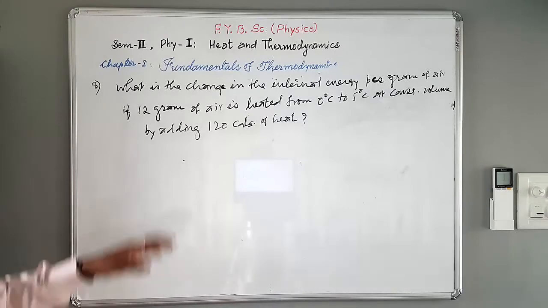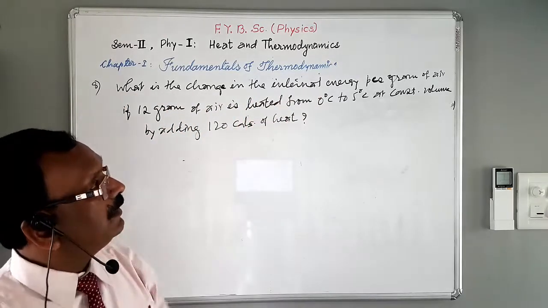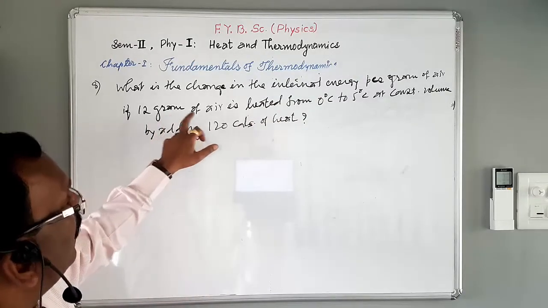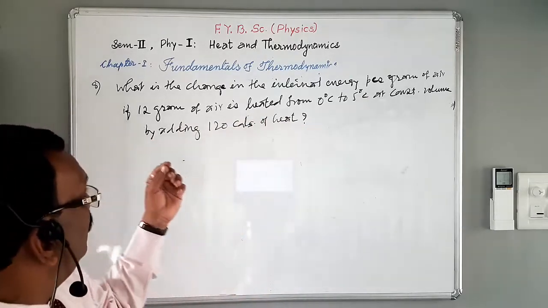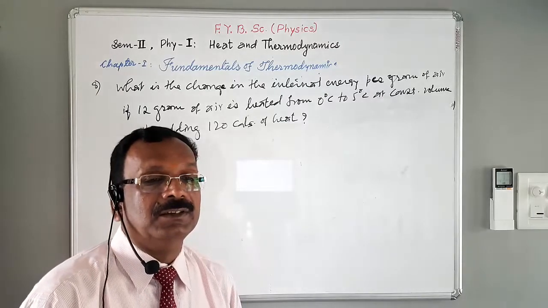See the problem once again. Read the problem carefully. What is the change in the internal energy per gram of air if 12 gram of air is heated from 0 degree Celsius to 5 degree Celsius at constant volume by adding 120 calories.